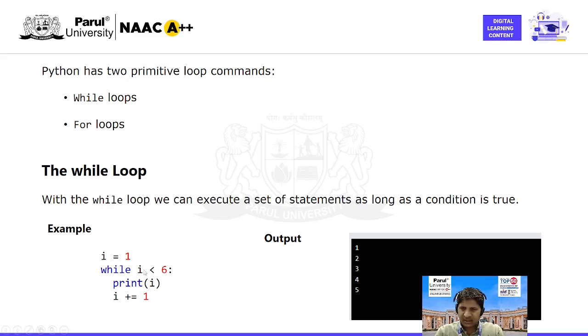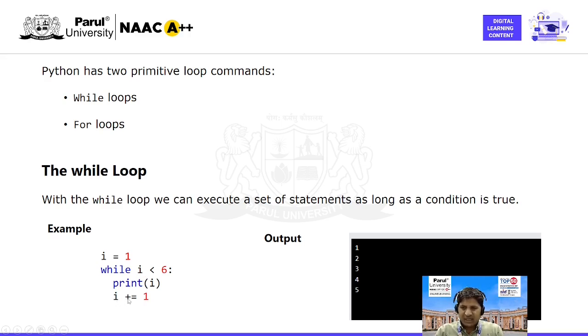Yes, the given condition is again true. Print i, print 2. Again i is updated, the value of i is incremented by 1, 2 plus 1 is 3. Again the condition is checked. 3 is less than 6, yes, the given condition is true. Again print 3, then 4, next 5. Once i reaches 5, 5 is less than 6, yes, print i, 5 is printed.